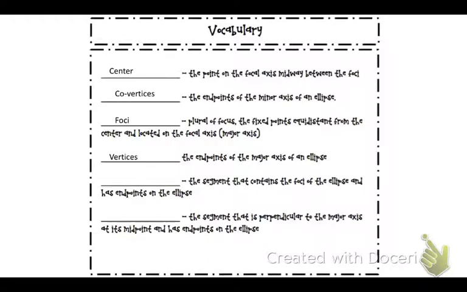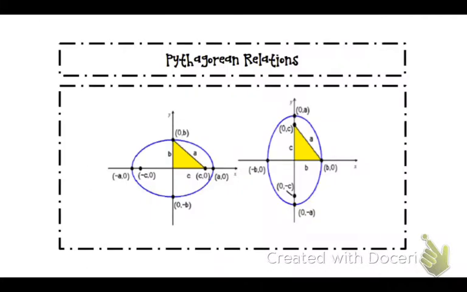The segment that contains the foci and has endpoints on the ellipse is the major axis. And the segment that is perpendicular to the major axis is the minor axis. These are what ellipses are. They're just like stretched or compressed circles.